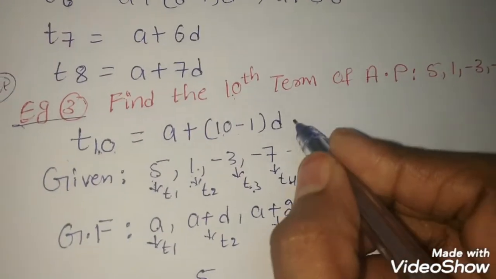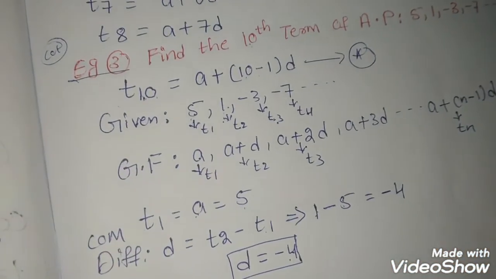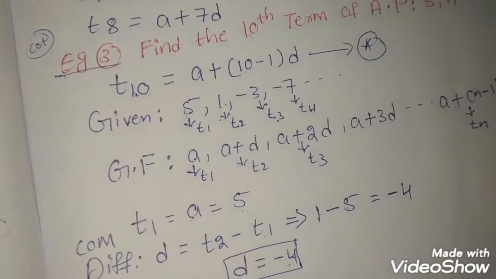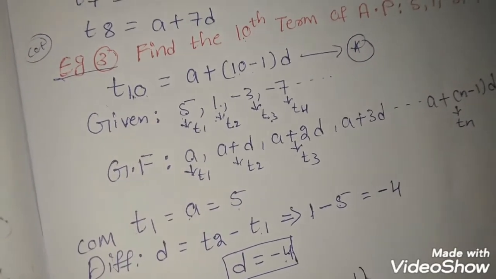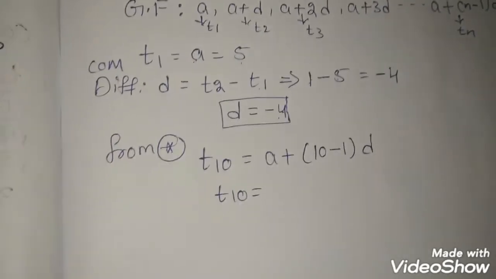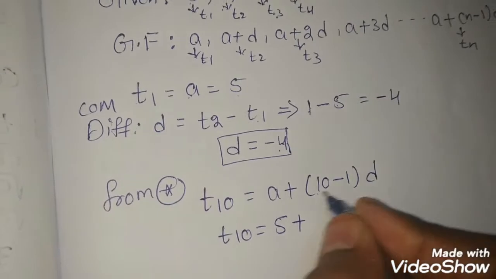Let's substitute in here. Keep the star. From the star, what we have to find? Term 10, no? A plus (10 minus 1) into D. T10 is equal to, sorry, it's not visible. What is A here? 5 plus (10 minus 1).